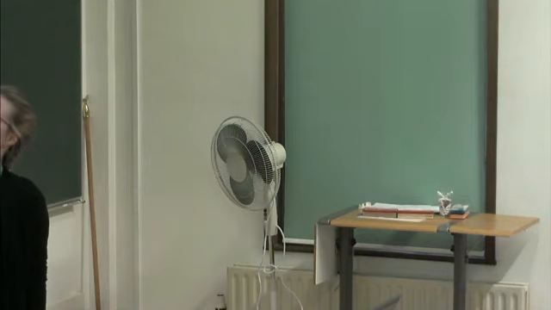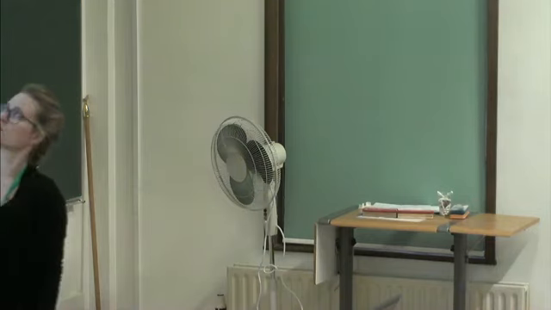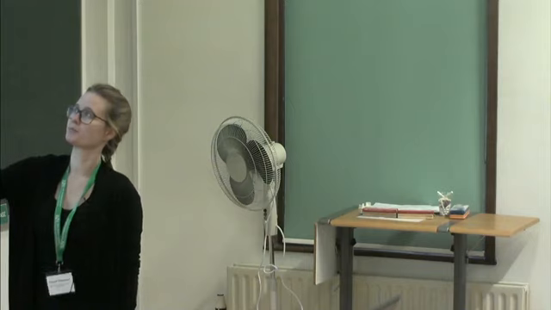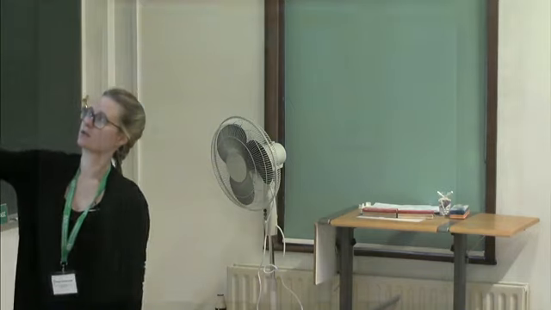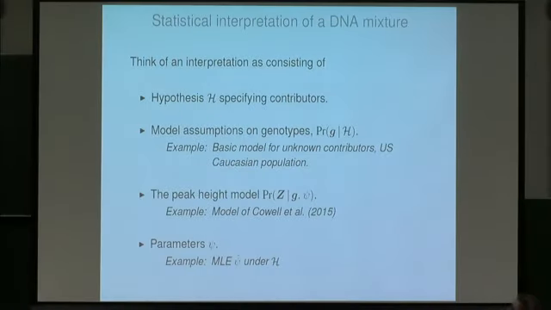Some hypothesis that characterizes what contributors I have in the sample. And closely related to that, the assumptions on the distribution of the genotype. So for any unknown contributor, I would need to specify my model assumptions. I could specify those by saying I use the vanilla basic model for unknown contributors, saying they are all independent and unrelated from a particular population, perhaps the UK or US Caucasian population.